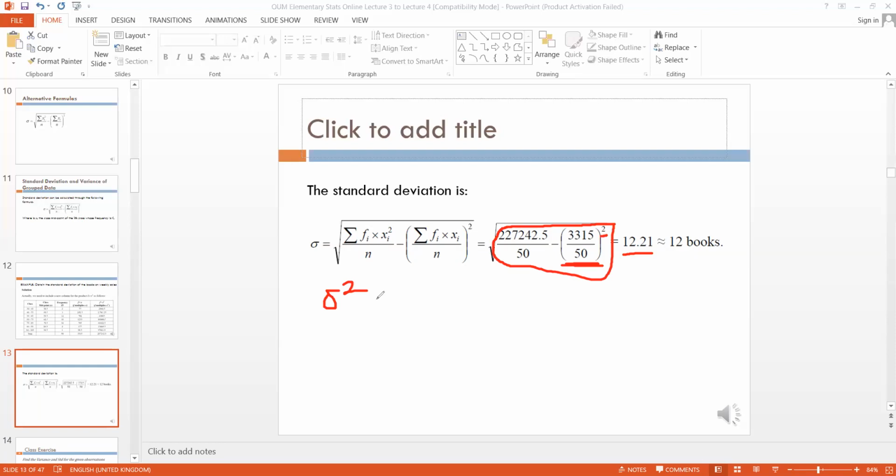Any question? Okay. It appears we are all okay. Now let's move on to the next concept. So that is for the standard deviation and the variance of the distribution.